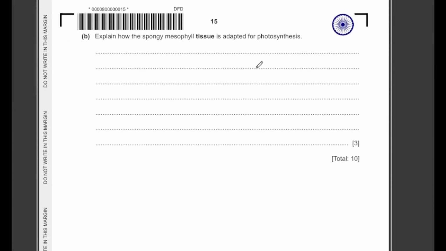Moving to the next one, explain how the spongy mesophyll tissue is adapted for photosynthesis. We know that the spongy mesophyll tissue here has a low amount of chloroplast. So what we will mention here, 3 points we do require. What do we know about the spongy mesophyll tissue?